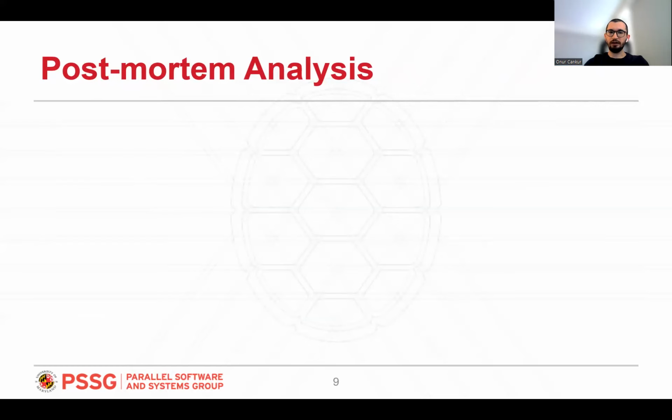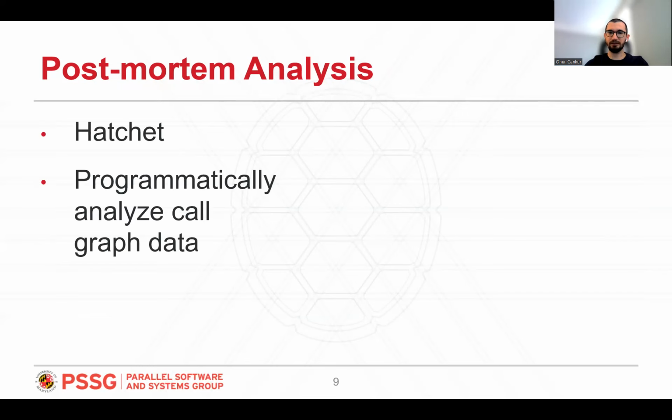After gathering the data, we also analyze their correctness and detail richness. To do that, we need to do postmortem analysis, and we use and develop the Hatchet tool to make this analysis.